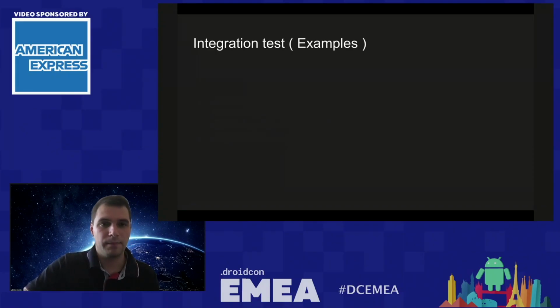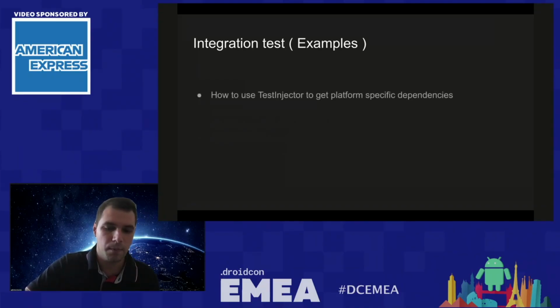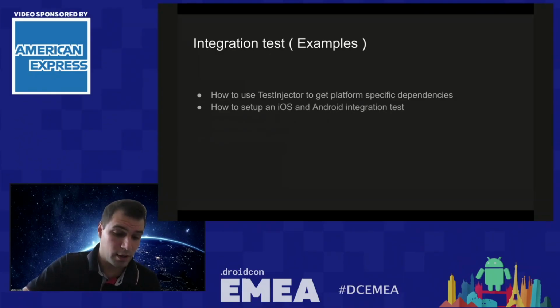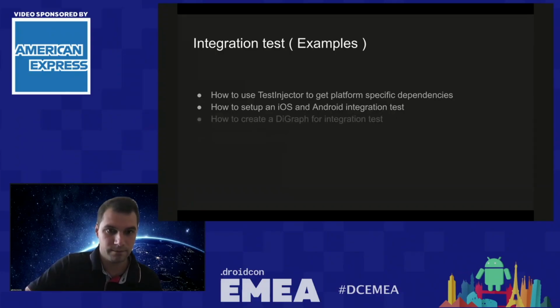So what will we see today? Today, we will see how to write a simple integration test, and we will start by showing you how to generalize platform-specific dependencies and how to keep your integration test platform agnostic, in such a way that you can write your integration tests in the common test folder. Then we will show you how to set up the base class for the platform-specific part that will run on iOS and on Android.